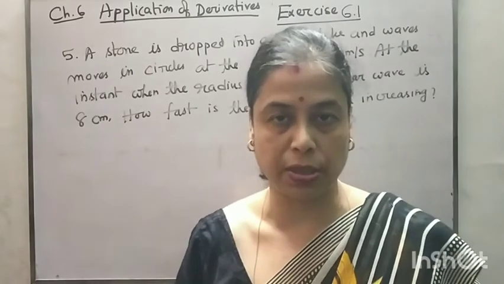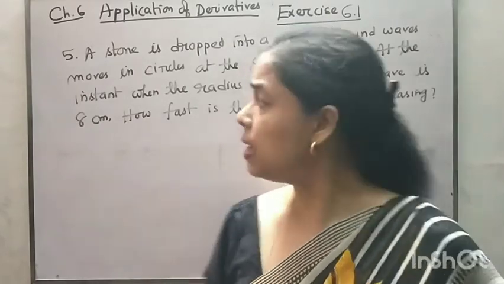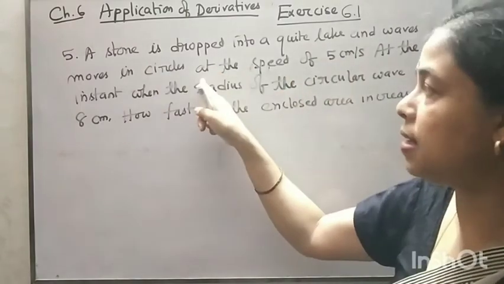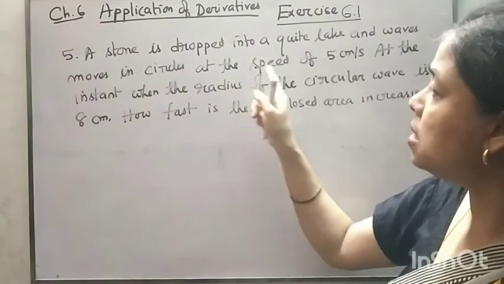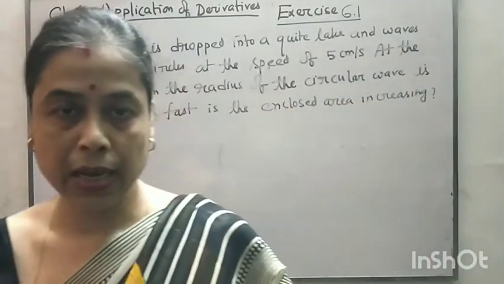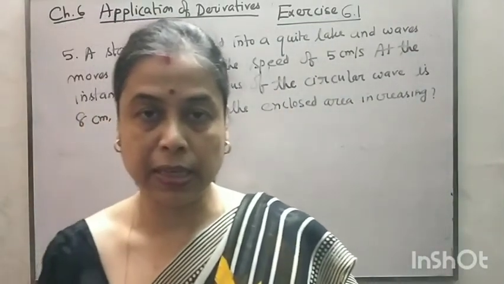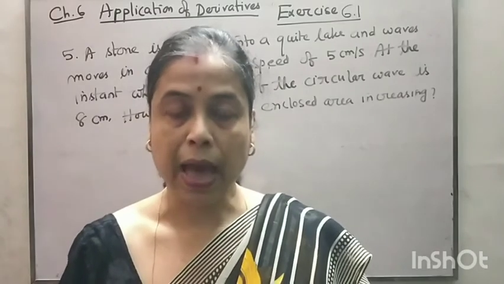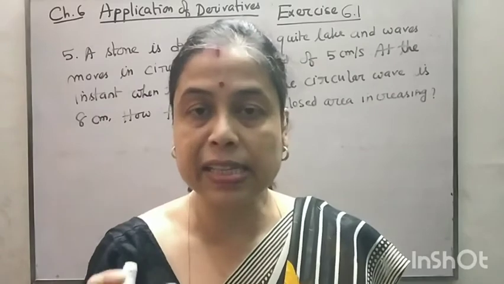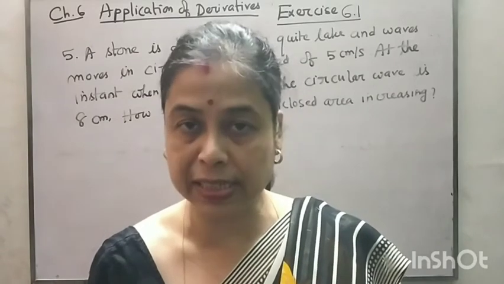It is given that a stone is dropped into a quiet lake and the waves move in circles at the speed of 5 centimeter per second. Speed means the speed of the wave, that is the speed of the circle. Circle speed means when the radius changes. Speed means rate of change of distance.